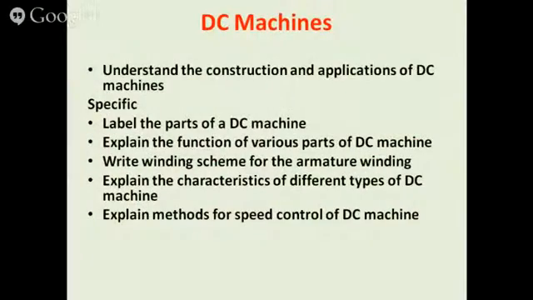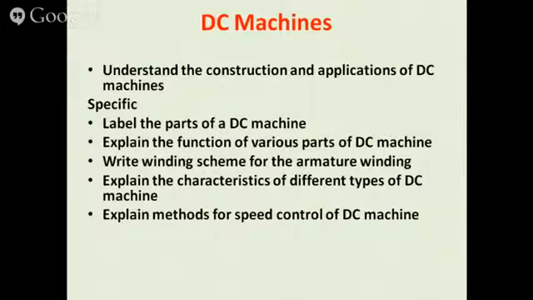Now here when I say this, that means I am asking the person to analyze, and this is ability to analyze, an objective at the analysis level. Okay? Now taking another example, I have taken up DC machines, and here again you will see that I am dealing with construction and applications of DC machines.